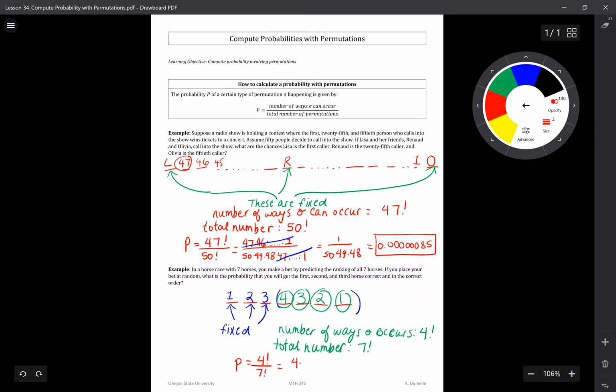Well, that's 4 times 3 times 2 times 1 over 7 times 6, 5, 4, 3, 2, 1. So canceling out, this is 1 over 7 times 6 times 5, which is 0.00476. So that is the probability that by betting randomly on 7 horses, you'll get the first, second, and third correct.